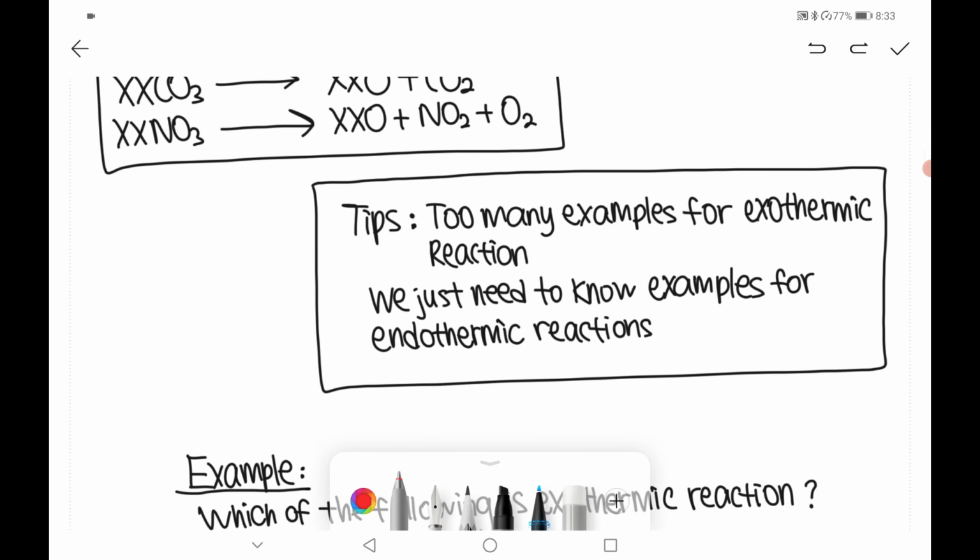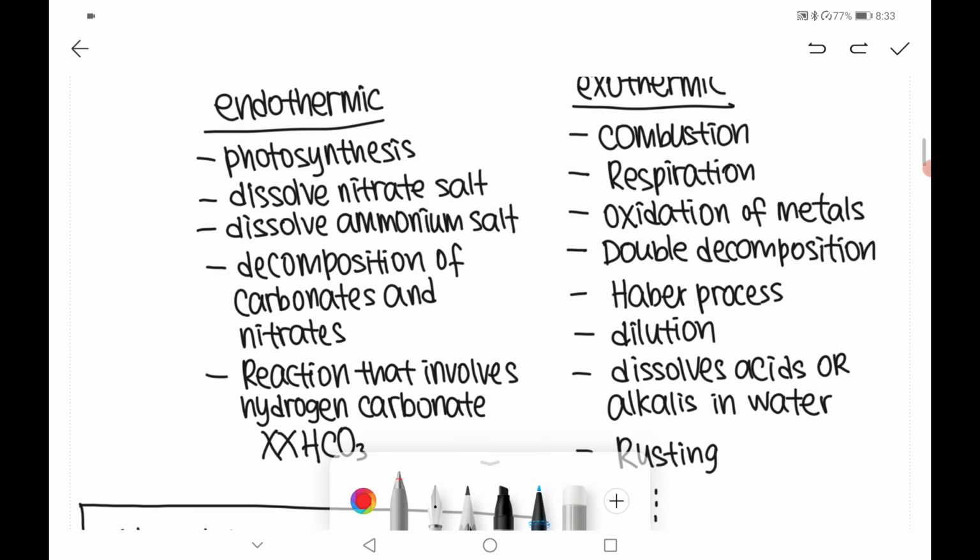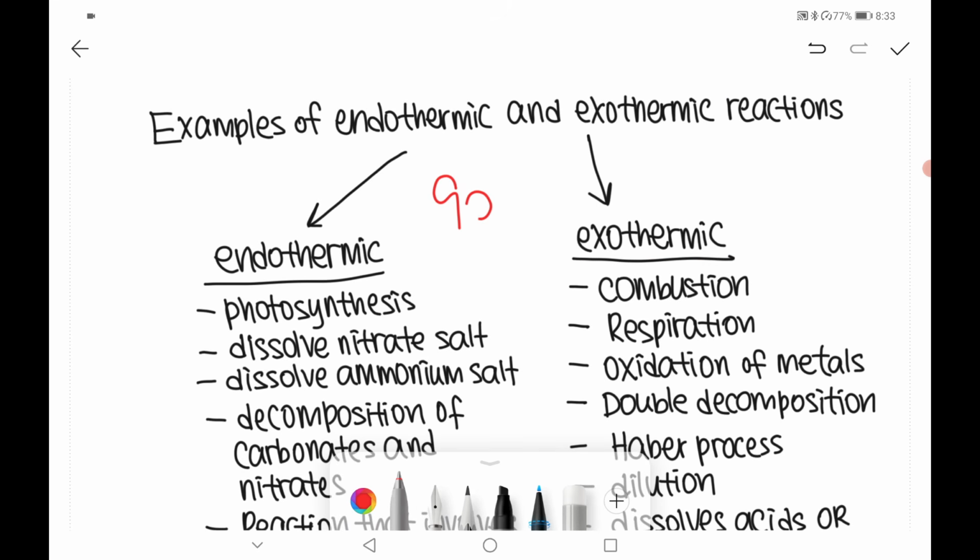If you want to memorize, there are too many examples for exothermic reaction. Exothermic, you can see the examples are so many. I would say more than 90% of the chemical reactions that we learn in SPM, they are all exo. I repeat, more than 90% of the chemical reactions that we learn in SPM, they are exo.